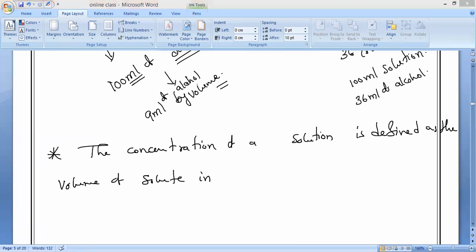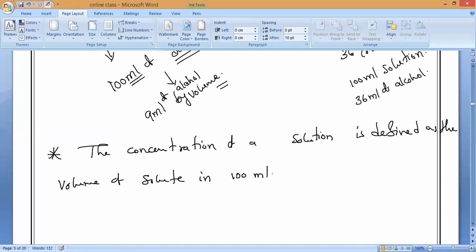How many ml of solution? Solute in 100 ml of what, guys? 100 ml of the solution. Purima, Neha, ml means milliliters. Please remember, milliliters. Is it okay, Johan, Harini?